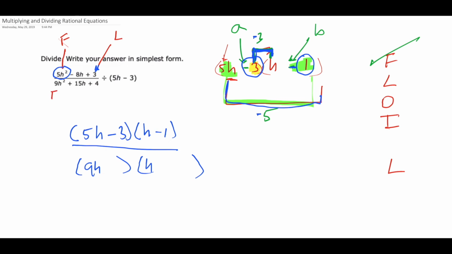So this is F, O, plus I and L. That's how you get these things. This is considered our first, these are your first positions, and these guys over here are your last positions.